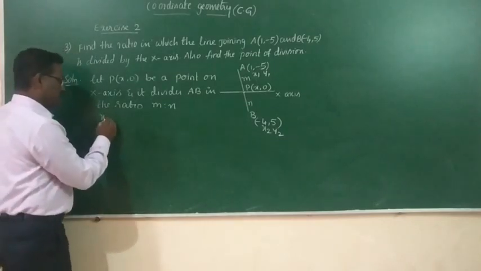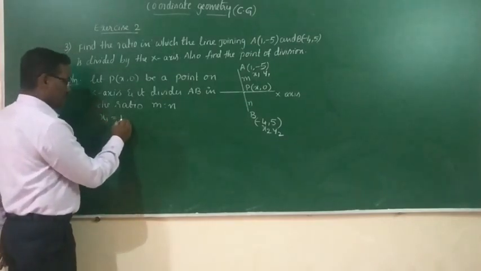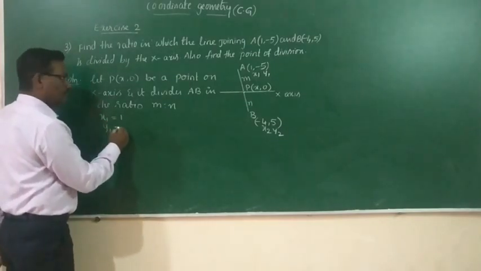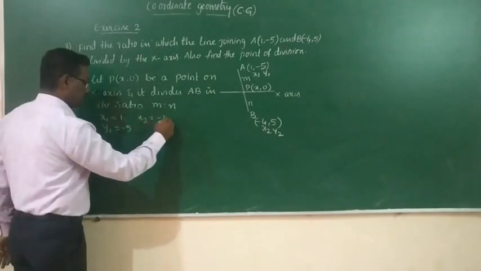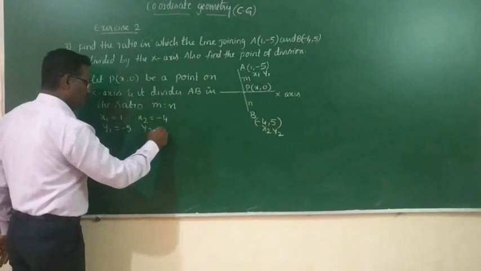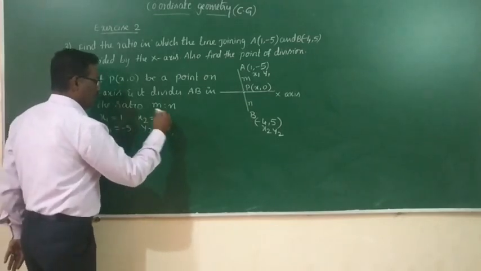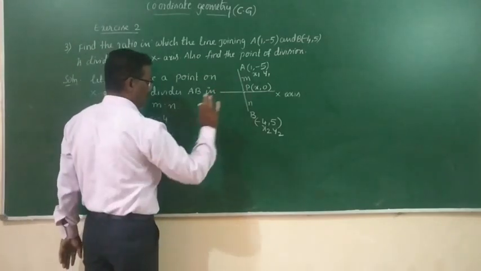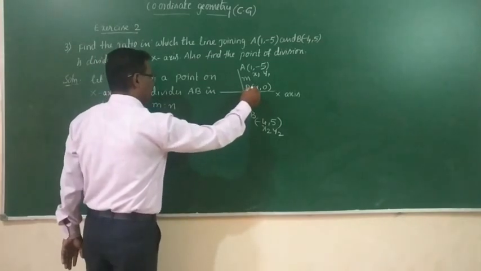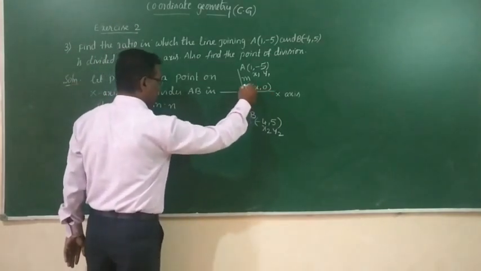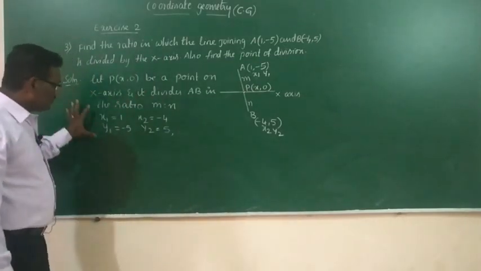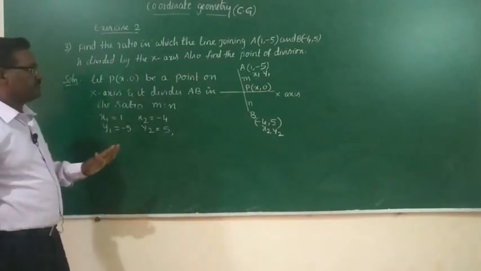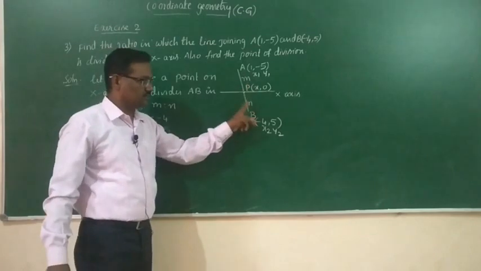Therefore, x1 is 1, y1 is -5, x2 is -4, y2 is 5, and m:n we don't know. Here the section point is P(x, 0). By using the section formula, first of all we need to find the ratio.